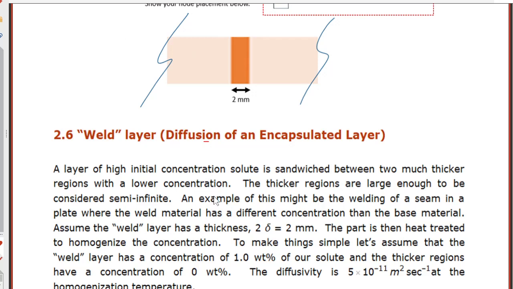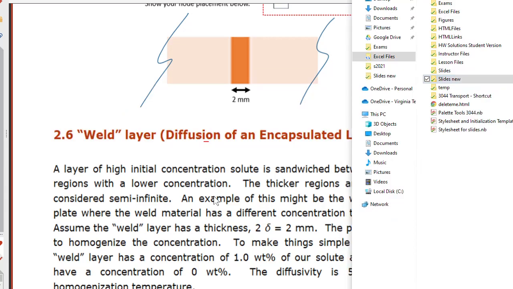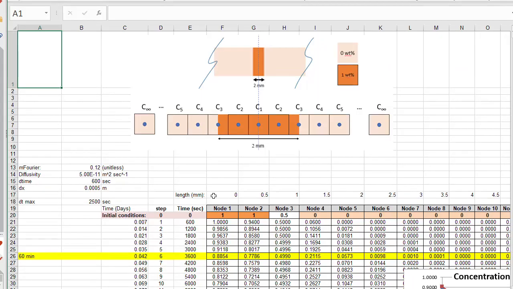Here we are. Here's our picture again, and now I want to show it to you in terms of some node placements. If I were to do the whole problem, I could have a node sitting here in the center, which I'll call C1.